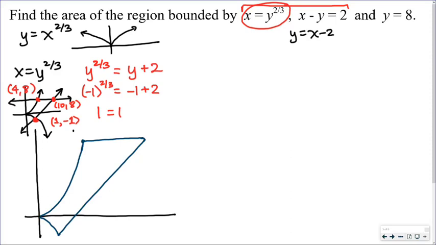I'm going to label some points on here. So this is (1, -1). This is (4, 8). This is (10, 8). And then, of course, we have (0, 0).